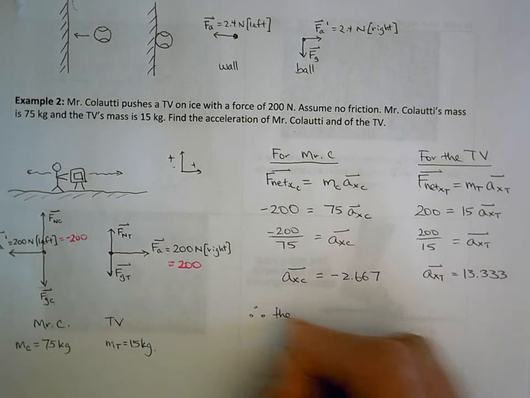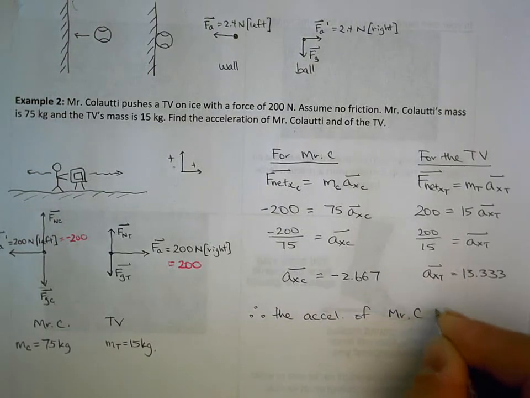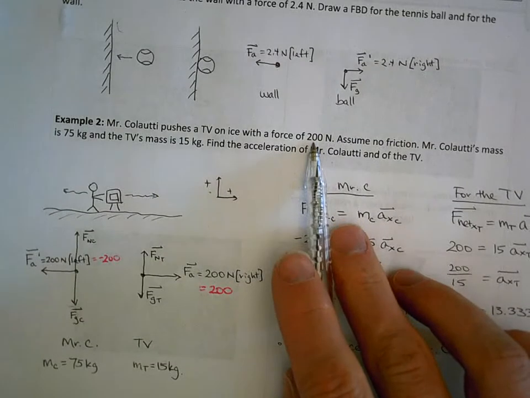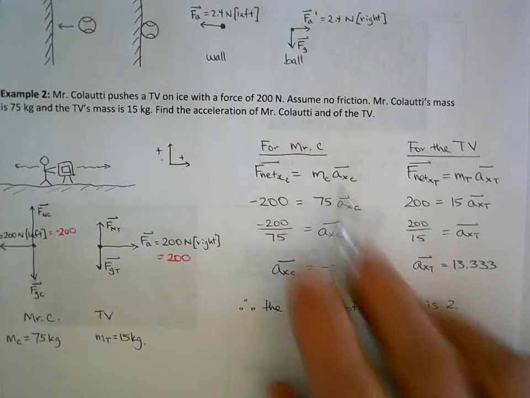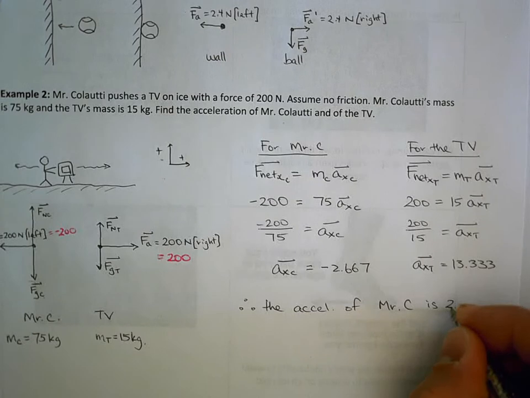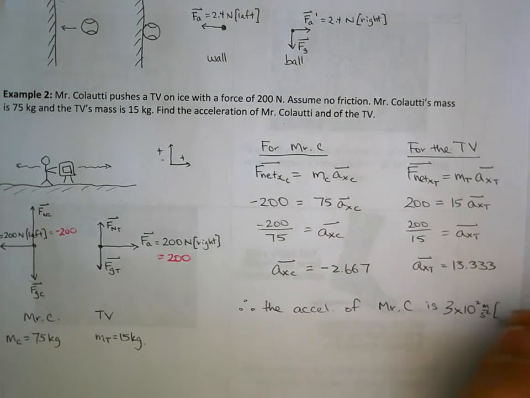Therefore, the acceleration of Mr. Colati is, well, this is really ugly, with 200 newtons I'm just going to use one significant digit. So this would be 3 meters per second squared to the left.